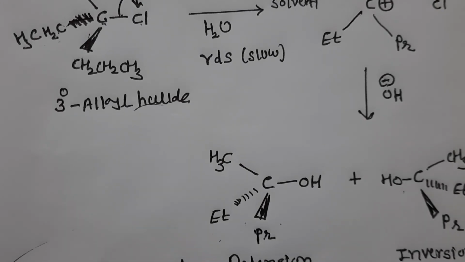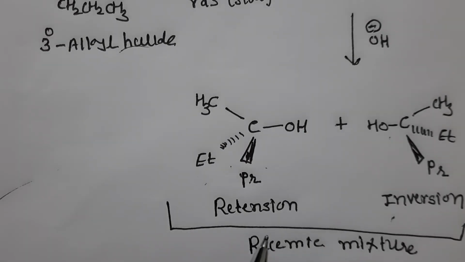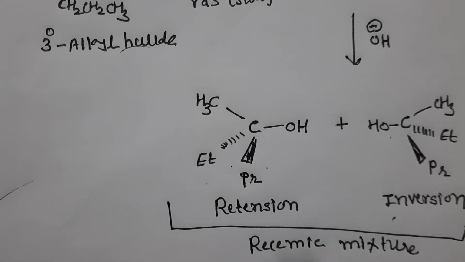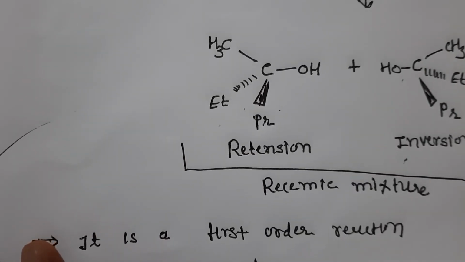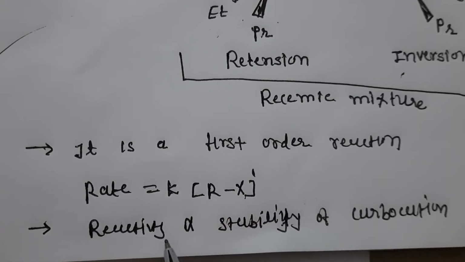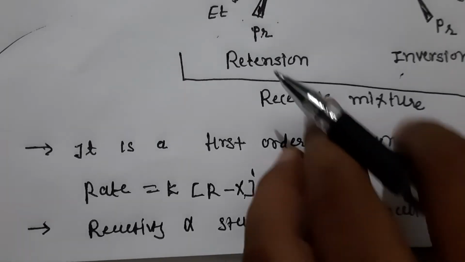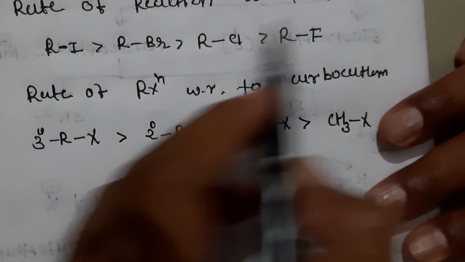Finally we get 50% retention and 50% inversion. So this is a racemic mixture, and the product is optically inactive because the rotations cancel each other. It is a first order reaction because the rate only depends on the alkyl halide, and reactivity also depends on the stability of the carbocation and on the halogen.